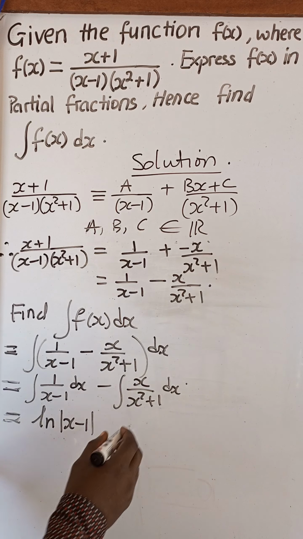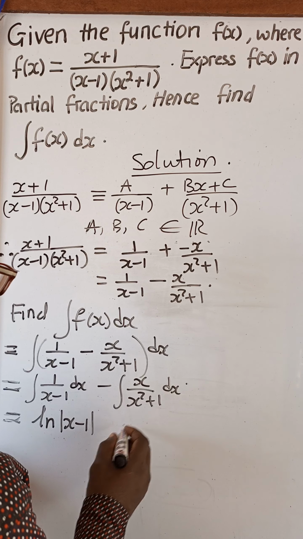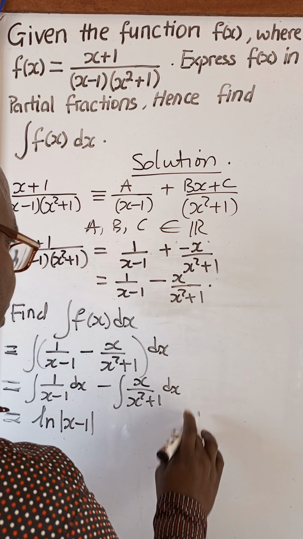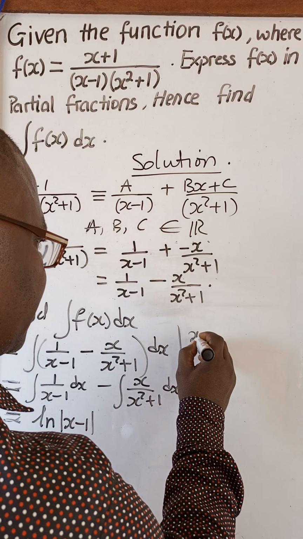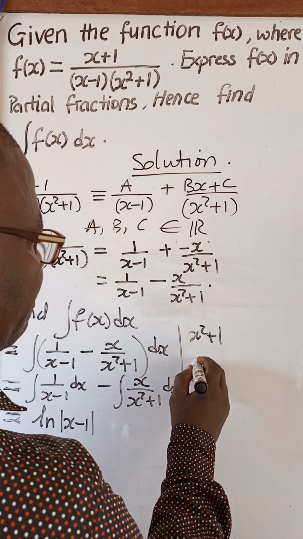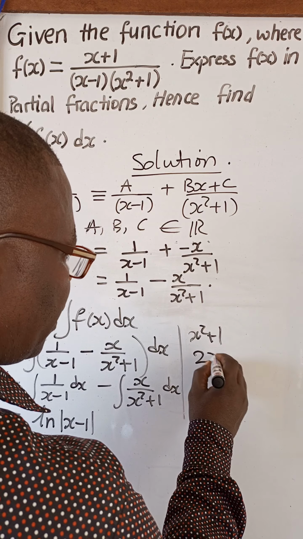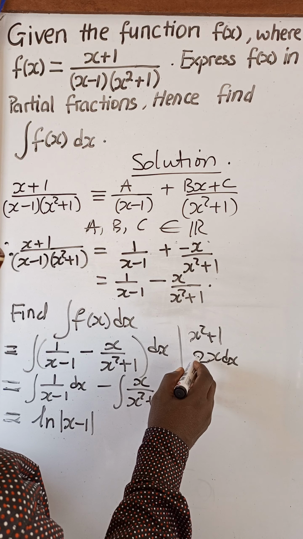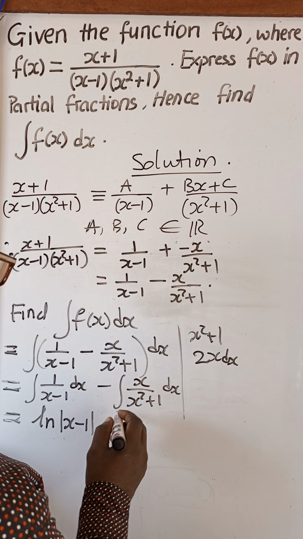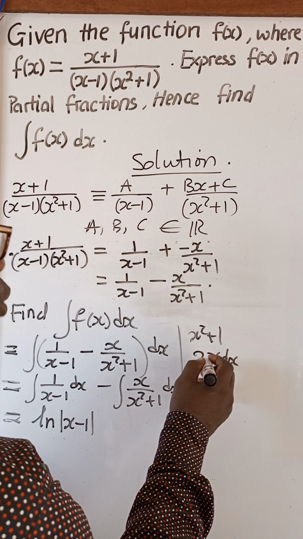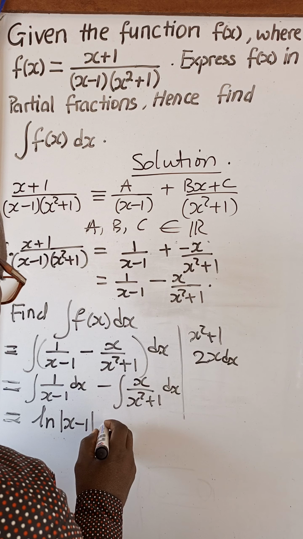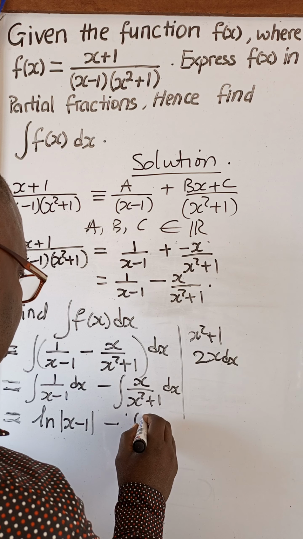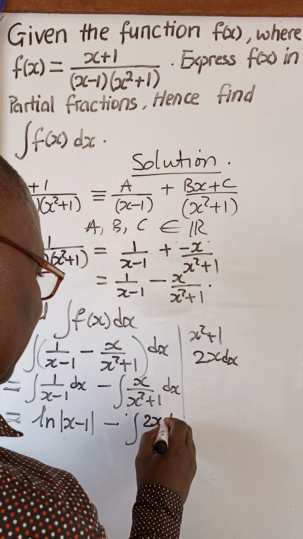Now, coming over here, if we carry out the same analysis, the denominator here is x squared plus 1. And if we differentiate that, we're going to have 2x dx. But at the numerator, we have x dx. 2 is missing. So we can rewrite this expression putting that 2x dx. Instead of x, we write 2x dx.